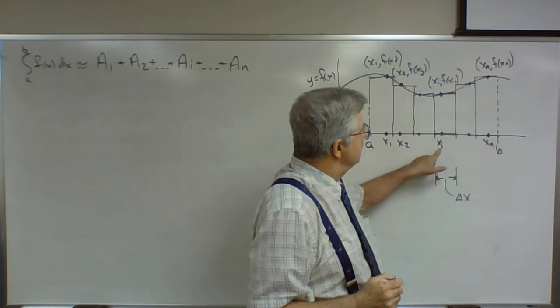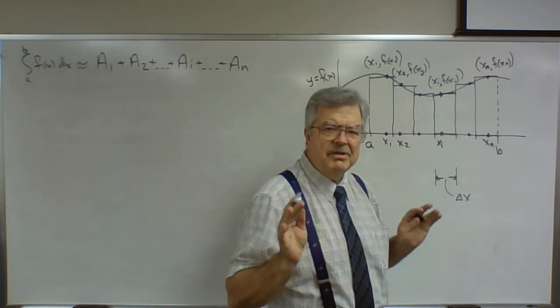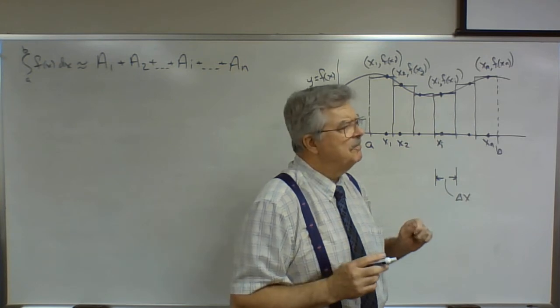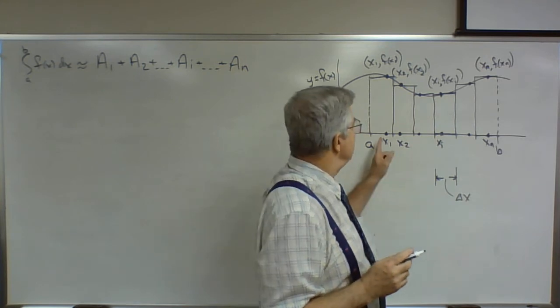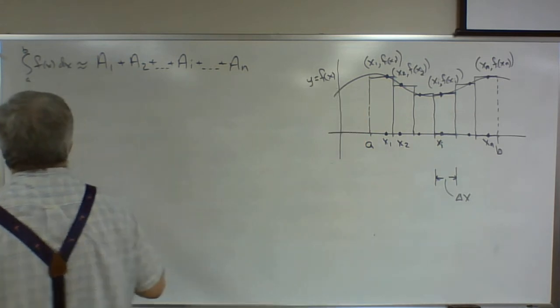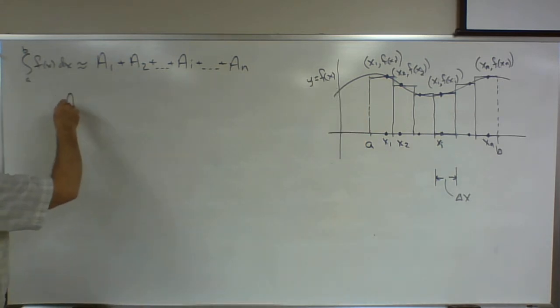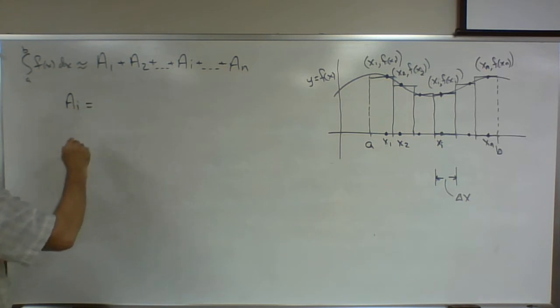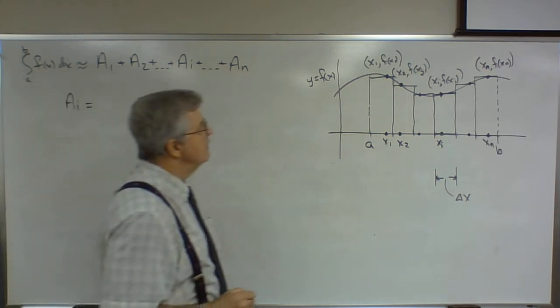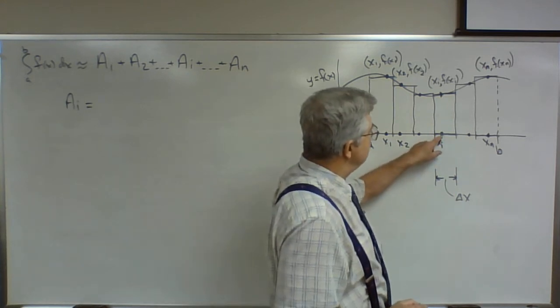The area of the ith rectangle gives us a model that helps us to compute the area of all of the other rectangles too. The area of the ith rectangle is equal to the height. And let's see, what's the height of this rectangle?